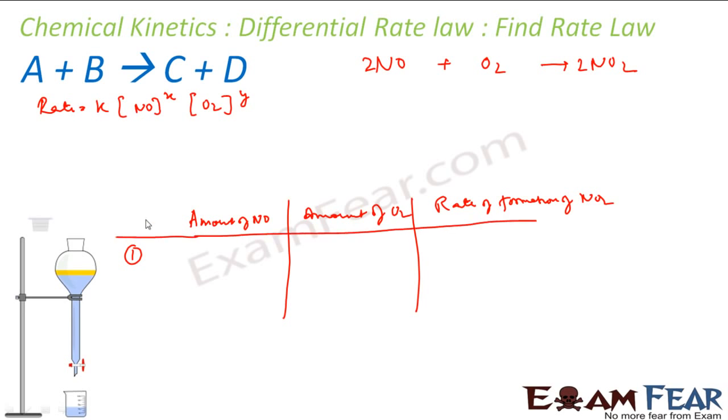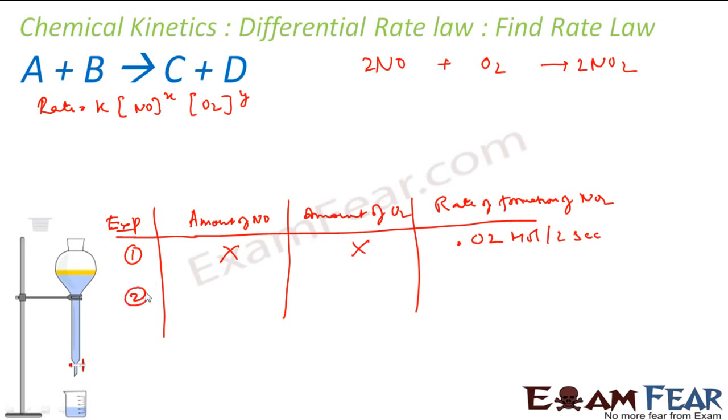Right? This is my experiment. In case of experiment 1, let's take some X concentration of NO and some X concentration of O2. And let's suppose the formation of NO2 came out to be 0.02 moles per liter per second. Just assuming some values.